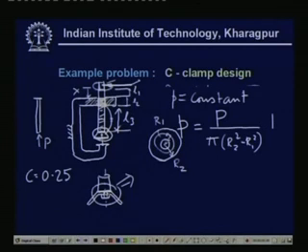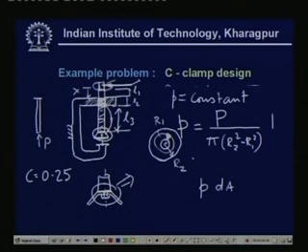We know, given a small area dA, the normal force on this elemental area will be P times dA.